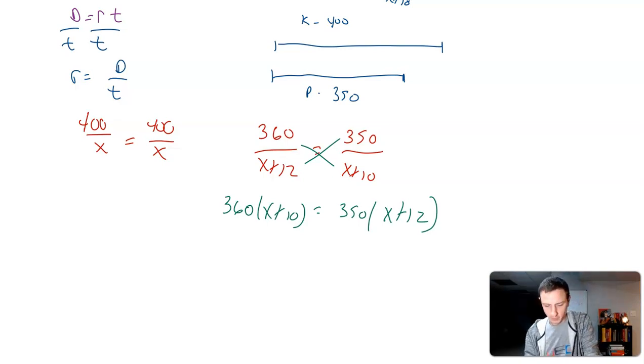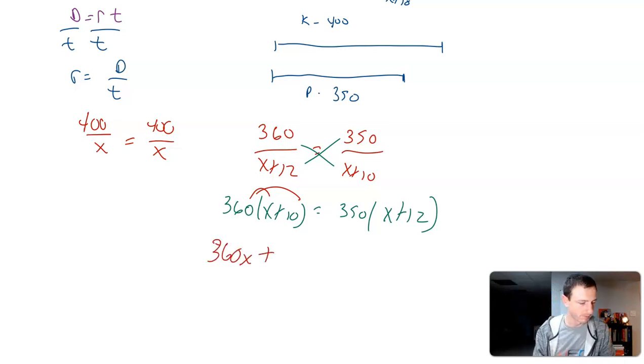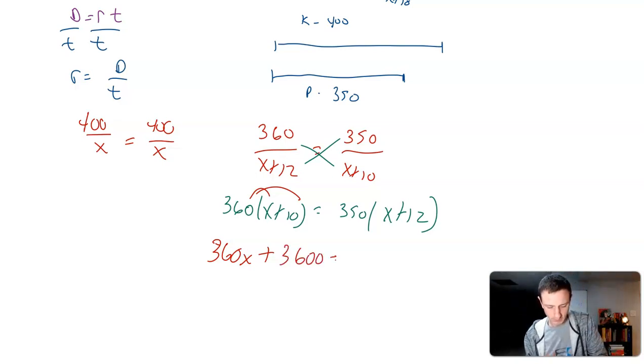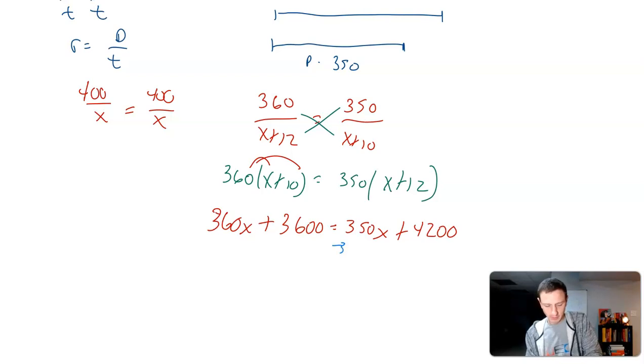So we need to solve this now. 360 times x, 360 times 10. So 360x plus 3,600 equals 350x plus 350 times 12, which is 4,200. Subtract 350x. We get 10x plus 3,600 equals 4,200.